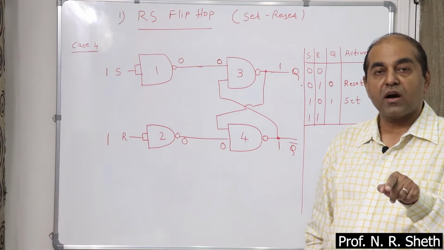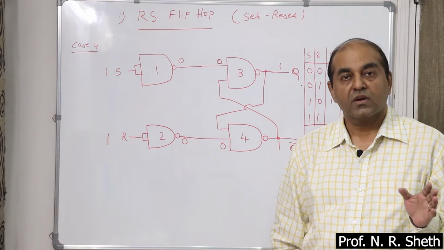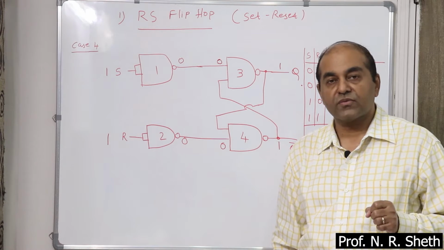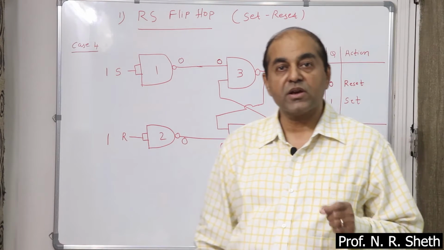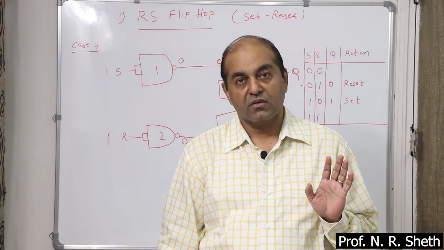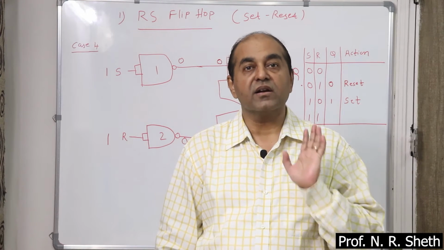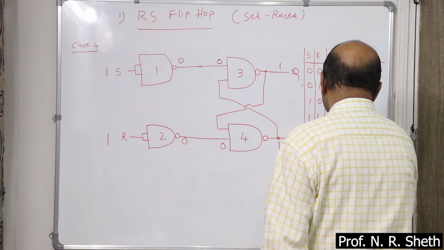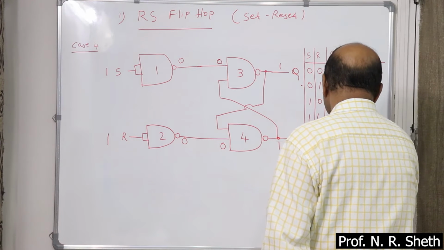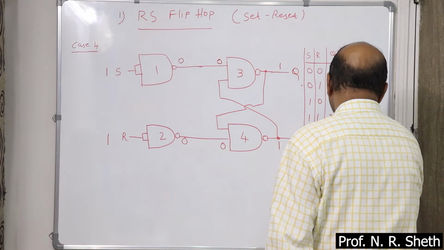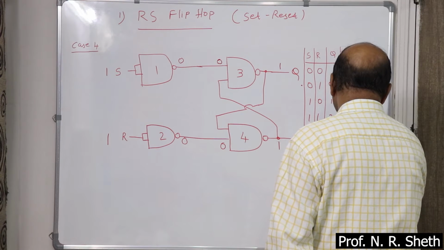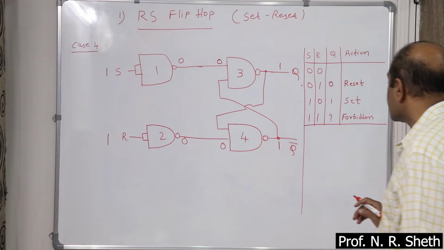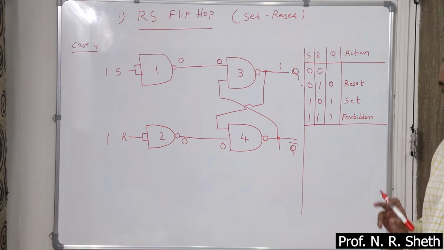Here Q and Q bar both are the same. So this is against the basic condition of the flip-flop that Q must be the complement of Q bar. So this is an invalid condition, and this invalid condition is represented by a question mark, or it is known as the forbidden state. This is a forbidden state.